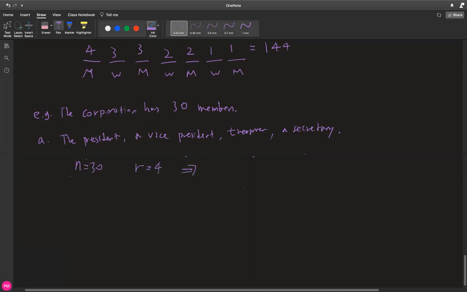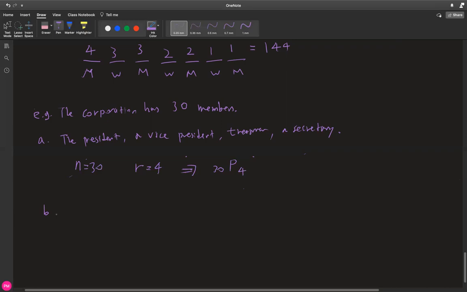So it's simply going to be 30 permutation 4. In this case, it's not important to just calculate this number because I'm sure you can do it, but I just wanted to show a difference between the permutation and the combination.